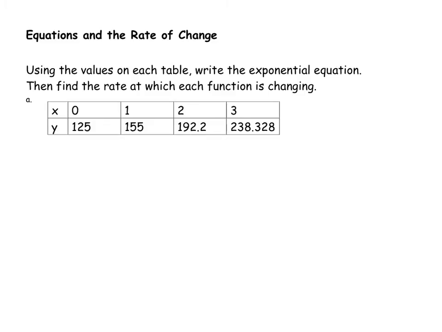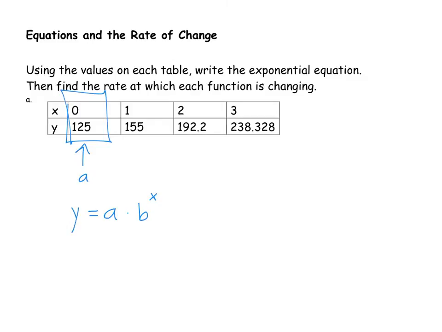Okay, so it says use the values on the table, write the exponential equation, then find the rate at which each function is changing. So your first job is to find your y when x is 0. That's going to be your a value. Remember, your equation is y equals a times b to the x.